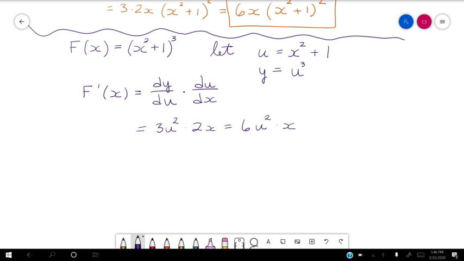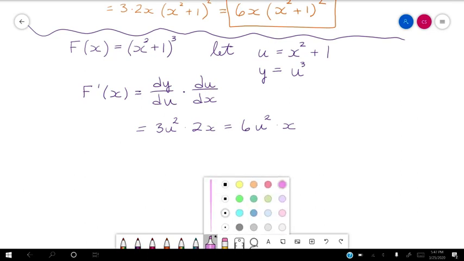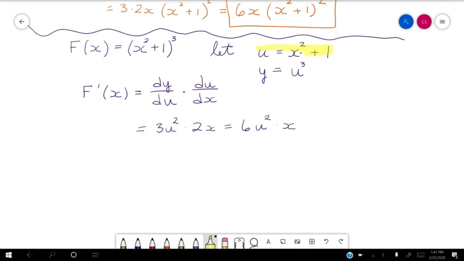But let's look back at our original problem. Do we see any u's here? We don't. So it's weird to have our answer with a u. That doesn't make a lot of sense. So let's go back and do a little substitution. We know that u is equal to x squared plus 1, so we're going to want to make that substitution right there.